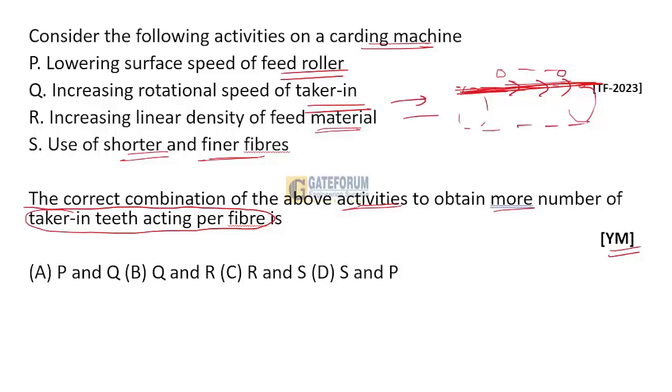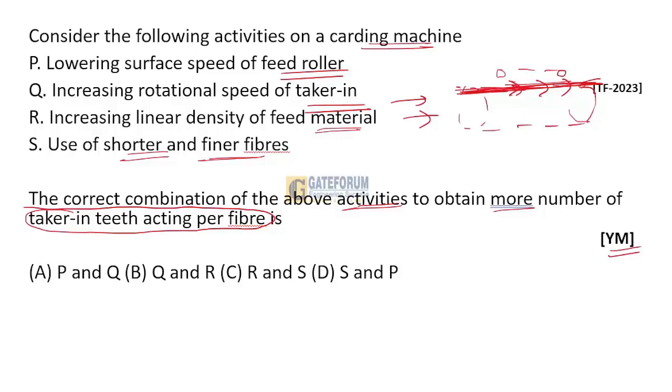So feed rollers, it comes to the feed roller, it is a cylinder, and the tufts goes from here to here. If you decrease the surface speed of the feed roller and increase the rotational speed of the taker in, it increases the number of the teeth acting on the fibers per unit time.